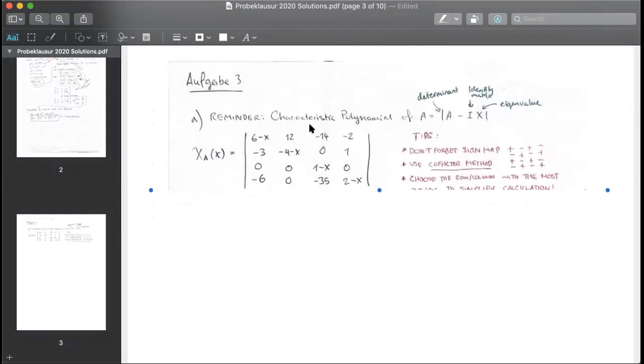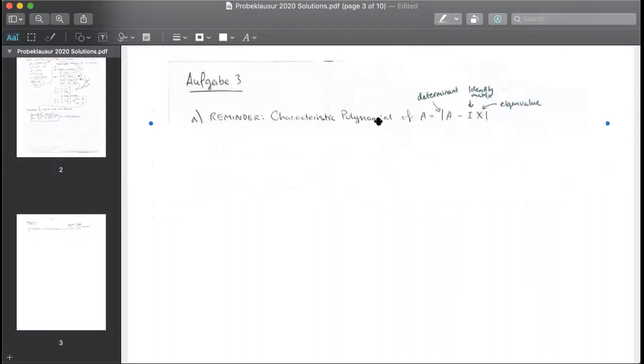And the first part, they're going to ask us to find the characteristic polynomial of A. The characteristic polynomial of a matrix is just the matrix itself, but you subtract the eigenvalues x from the main diagonal.